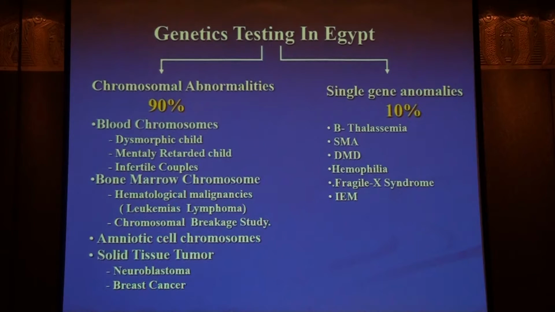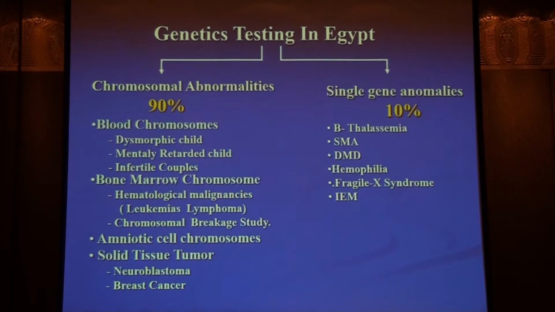Actually, the genetic disorders, as we mentioned, are chromosomal, single gene, or multifactorial, and if you look at the incidence of congenital anomalies, it's almost 3%. If you divide this 3% equally, you would think you have equal portions of chromosomally abnormal offspring and others with single gene anomalies.